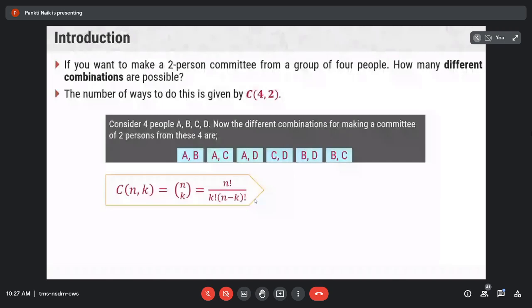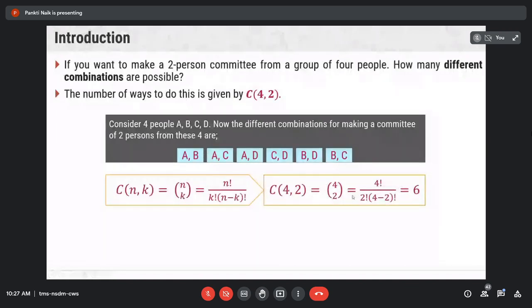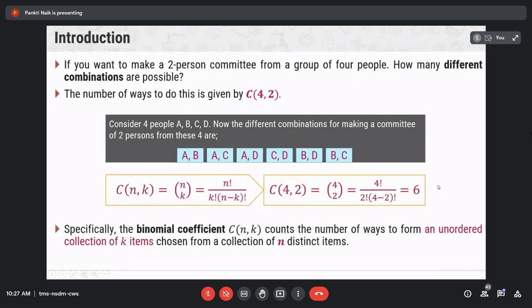So 4C2 is equal to 4 factorial divided by 2 factorial times 4 minus 2 factorial, so that is 6. Basically, the binomial coefficient C of n k counts the number of ways to form an unordered collection of k items chosen from a collection of n distinct items.